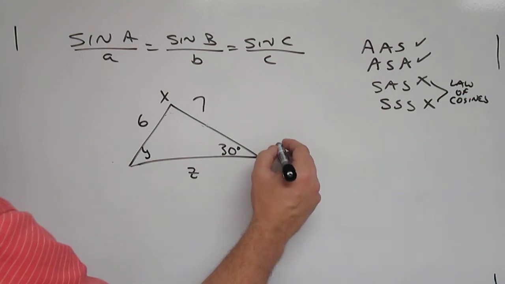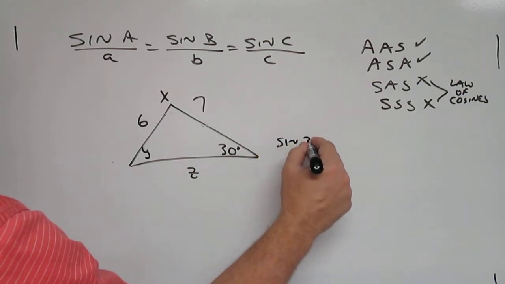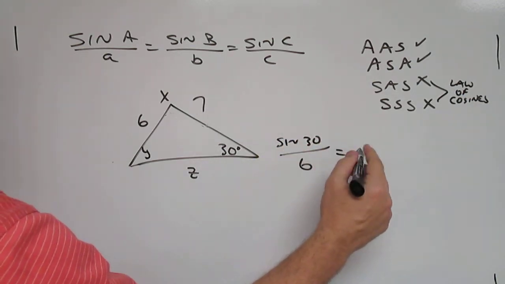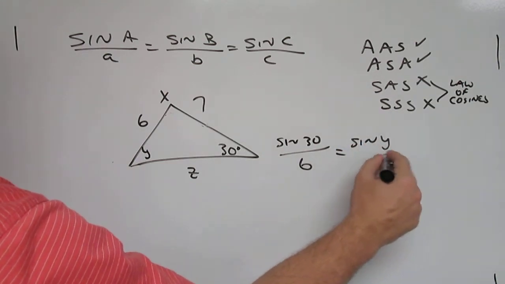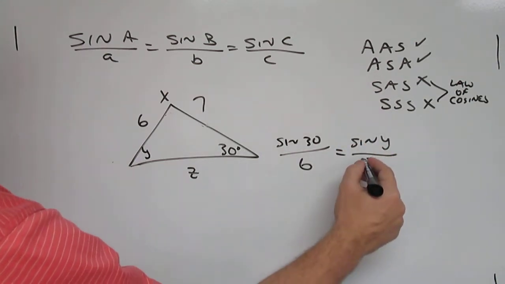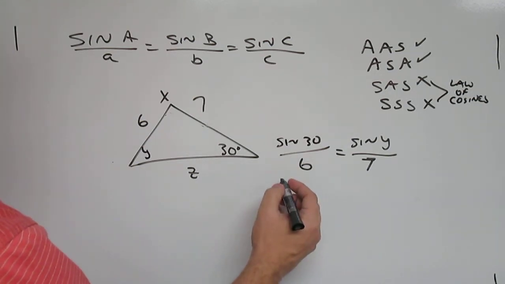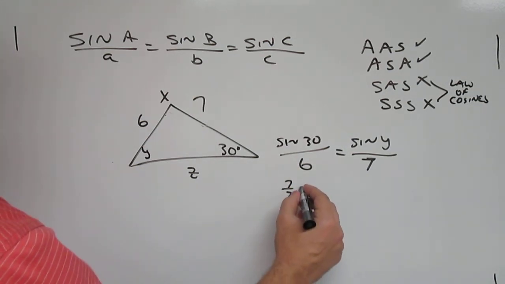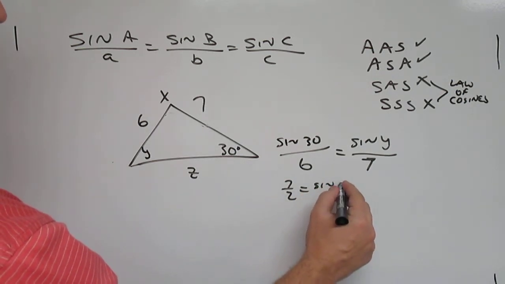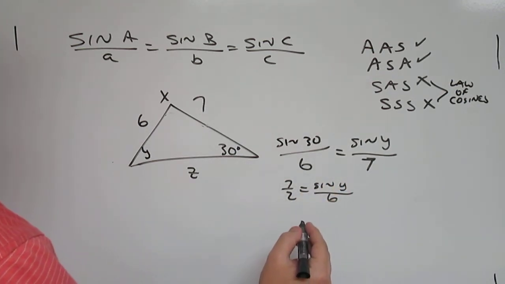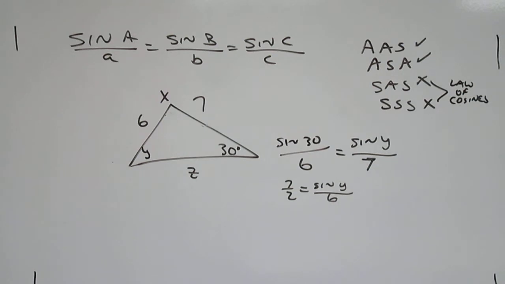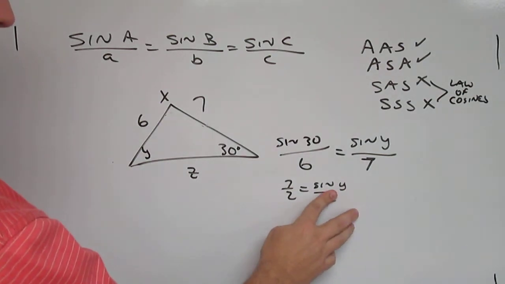If I said the sine of 30 over 6 equals the sine of y over 7, in this case, when I cross multiply, I get 7 times the sine of 30, which would give me 7/2, equals the sine of y times 6.